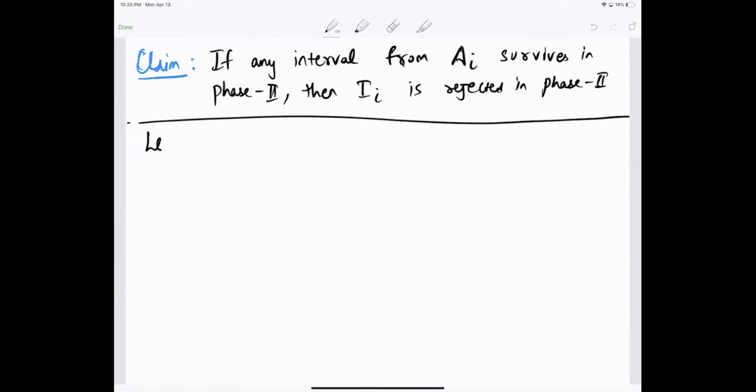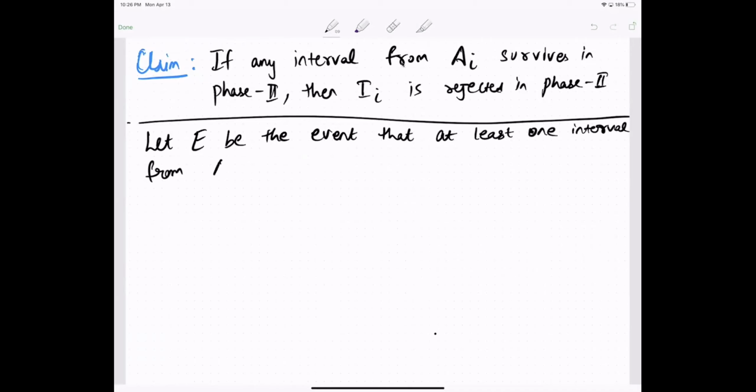Okay, so now let E be the event, E is always reserved for event, that at least one interval from Ai survives in the first phase.